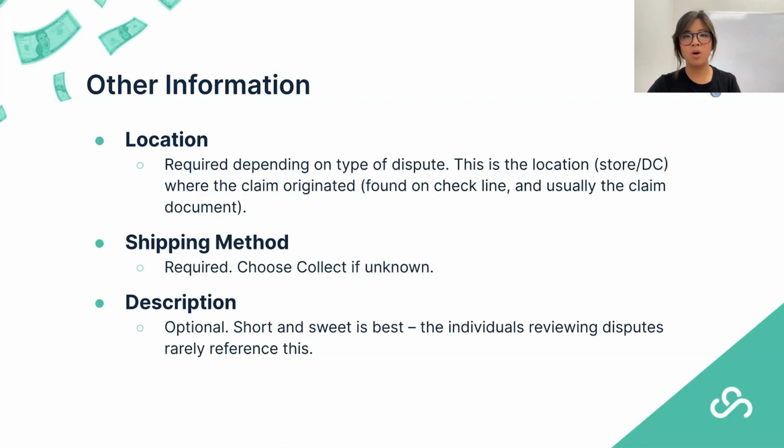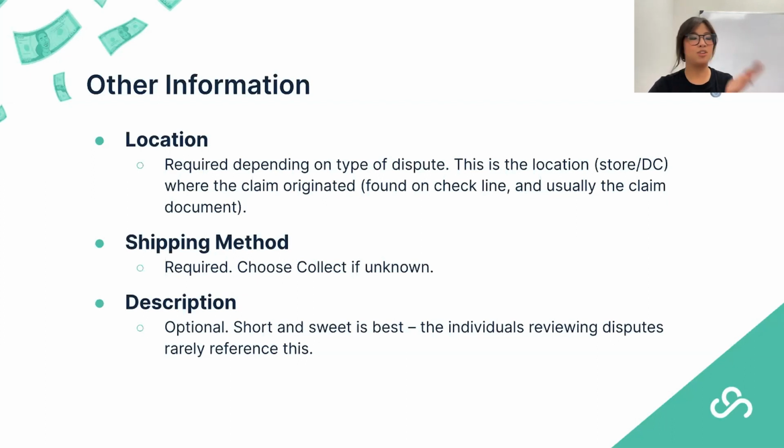And then usually Walmart expects some type of description when you're sending in a dispute. So basically, hey, this is a shortage related claim. We disagree because we did ship in full, and here's our attached POD or whatever it is. Generally speaking, we found in our experience that Genpact, the ones reviewing the claims, don't actually read the description in the first go around, which is why we don't recommend that you spend a lot of time writing a 3-paragraph summary.